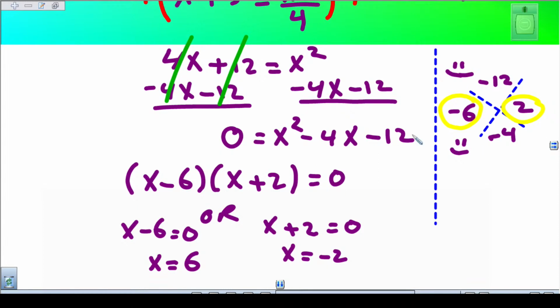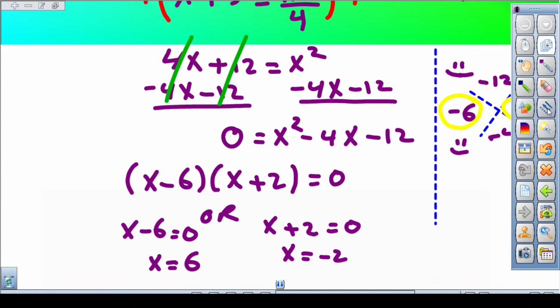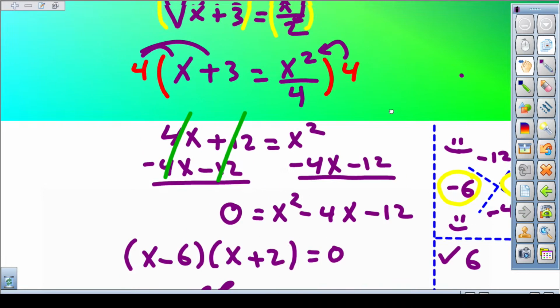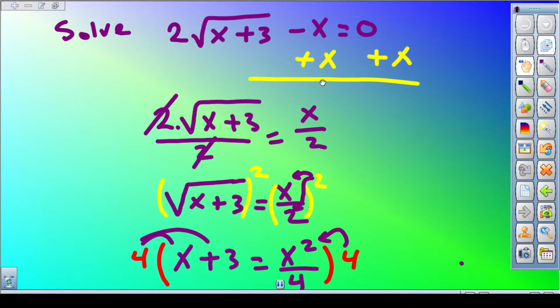I can't just say these are the answers without checking the answers. Oh, we already established that, okay? So I have to go back here and check every single one of them. Hopefully it's going to be a quick one. Well, let's check the 6. Where should I plug the 6? Well, look at the problem. I'm going to plug the 6 in for x.